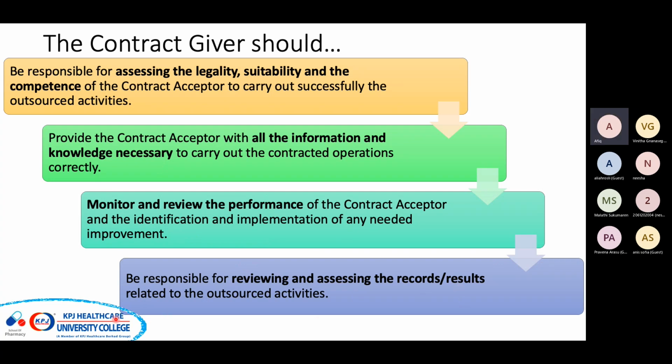And then the last one here is to be responsible for reviewing and assessing the records and results related to the outsourced activity. So lastly, all of the records from the manufacturing.